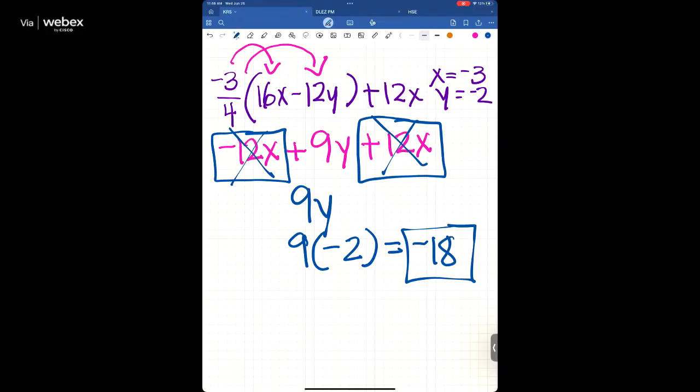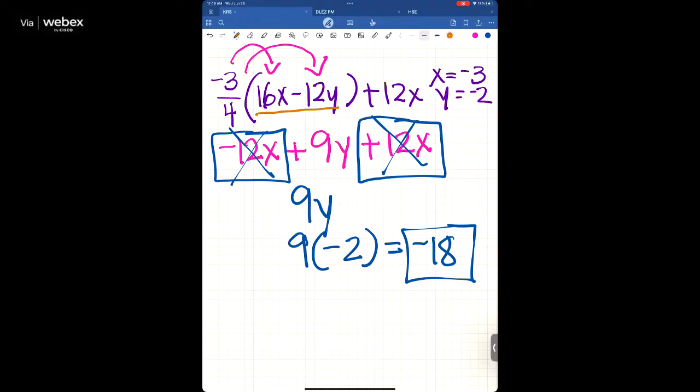As you work problems like this, I will send one again via email. Make sure if you cannot do anything inside your parentheses, as you can see, I had an x and a y, I cannot combine that x and y. So I had to distribute that -3/4 across everything inside the parentheses.